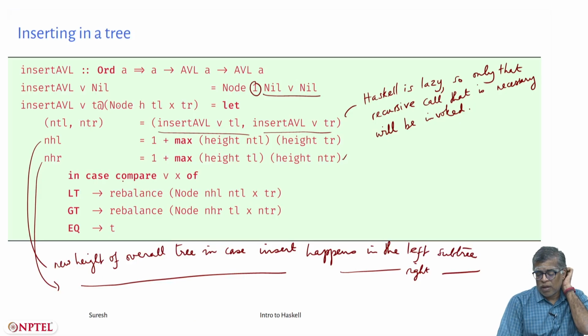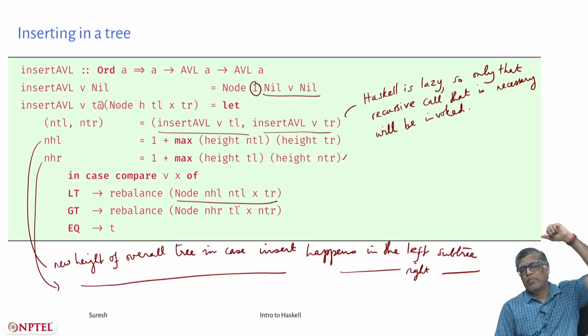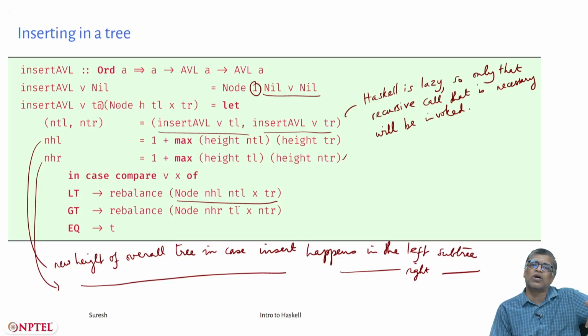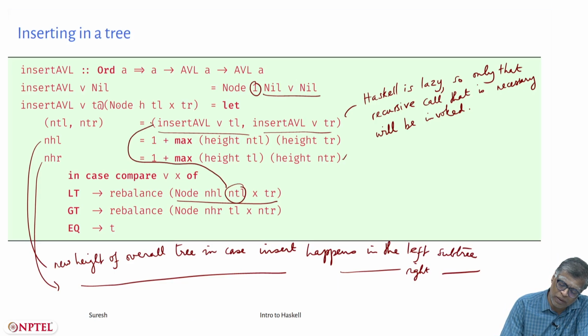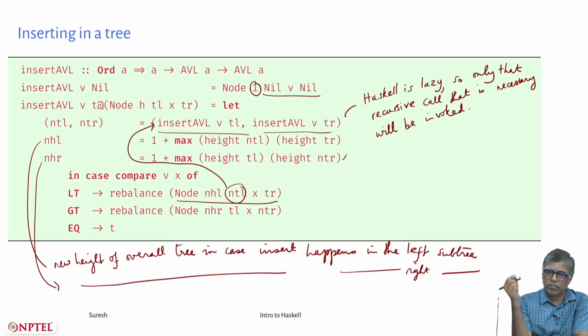And now, compare v and x. If v is less than x, then you just say node NHL NTL x TR. So you insert in the left subtree and you rebalance, right? Because after inserting there might be an imbalance only at the root node, because you will recursively keep on rebalancing, because this NTL will involve a call to insert AVL of v TL.